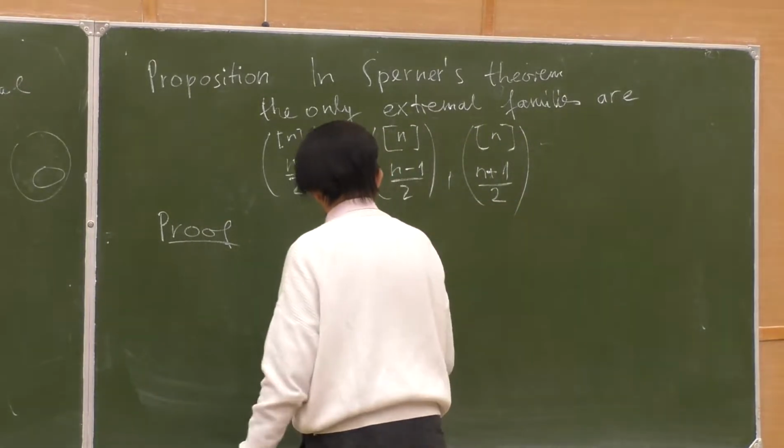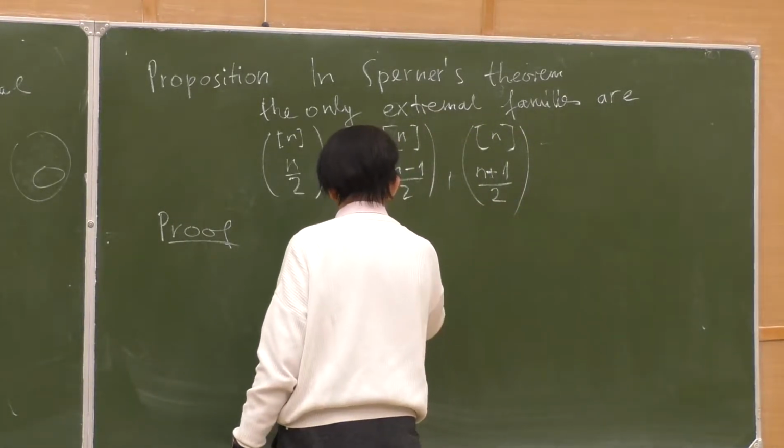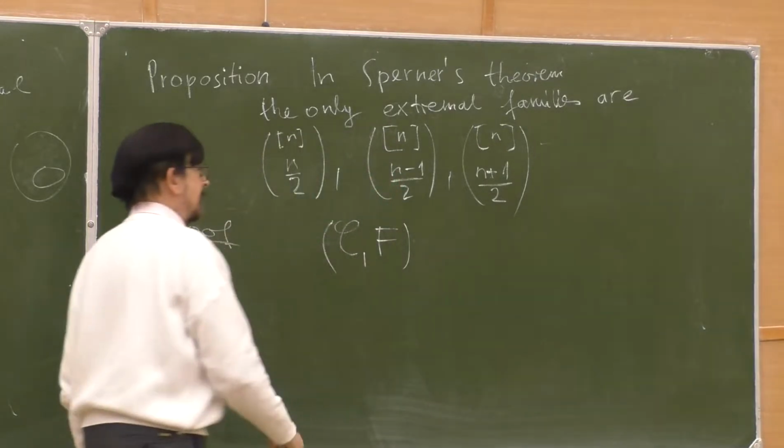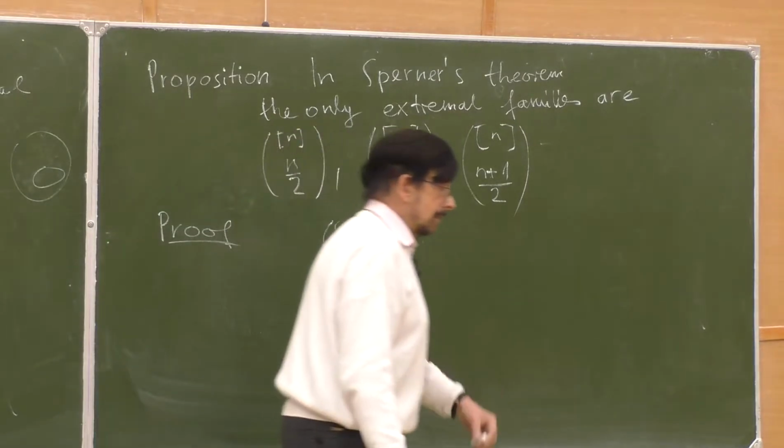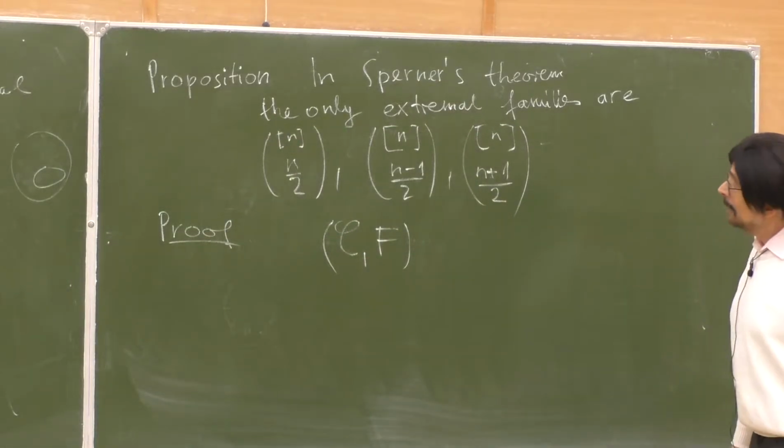Again, we take these pairs. Yeah, C is a cyclic permutation. I don't write it down again.